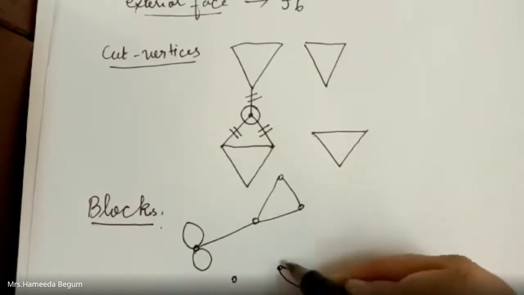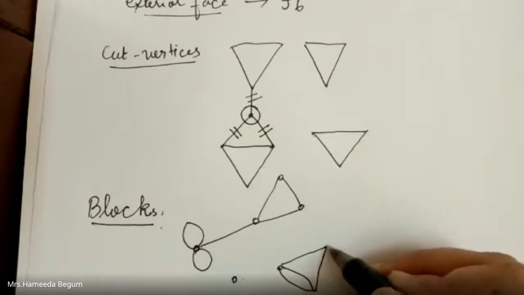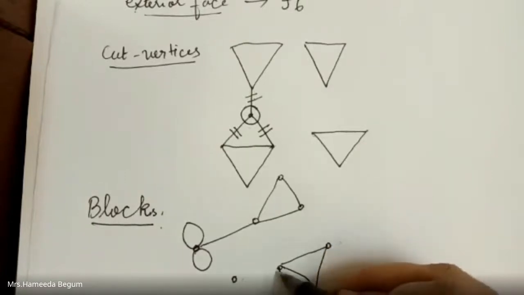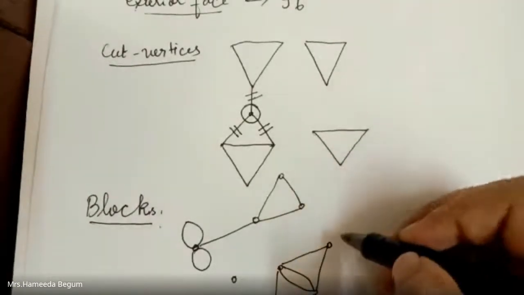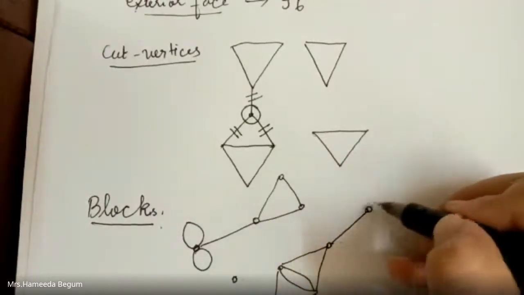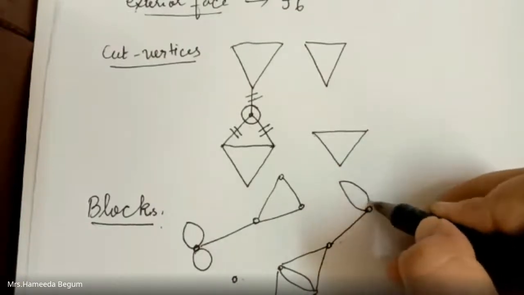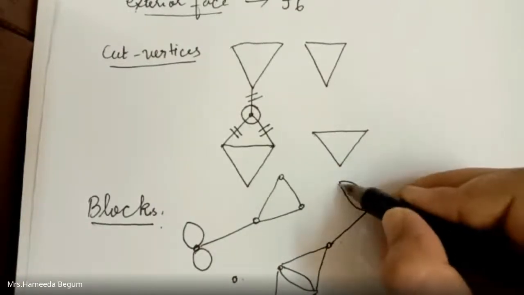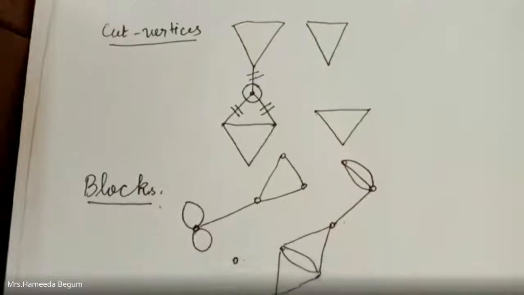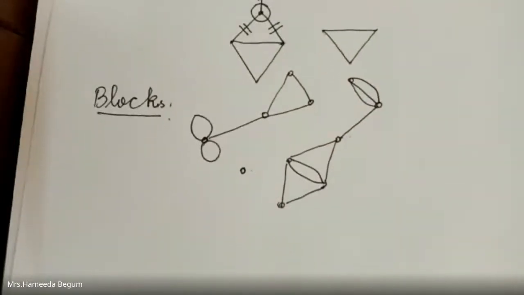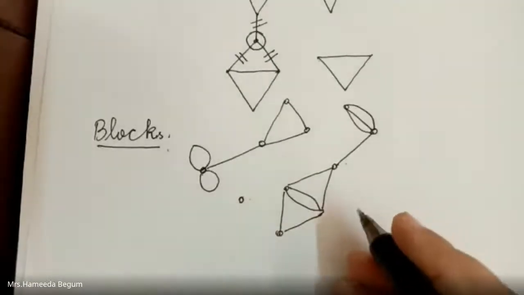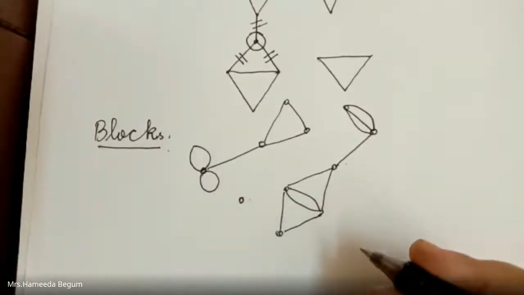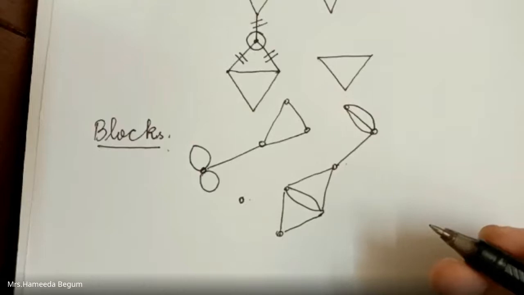So we are considering a disconnected graph G. Now what will be the blocks of G in this graph?